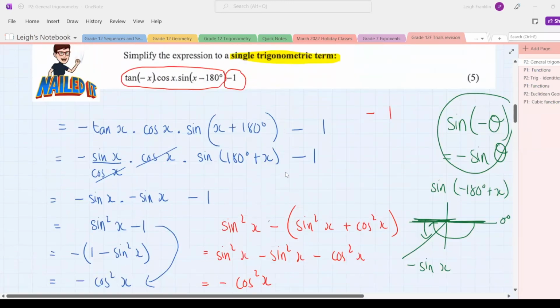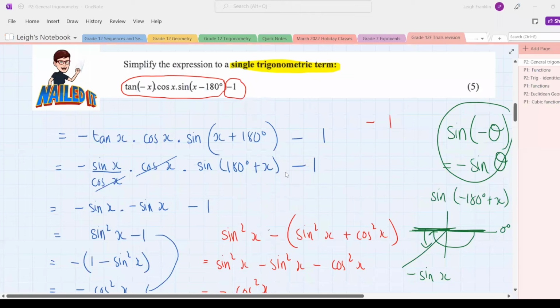Is everybody feeling a little bit better about this question now? If anything, you guys absolutely have to go and study your reduction formulae and your identities from grade 11, because otherwise all of this is just going to be a horrible, horrible nightmare. All right, good stuff.